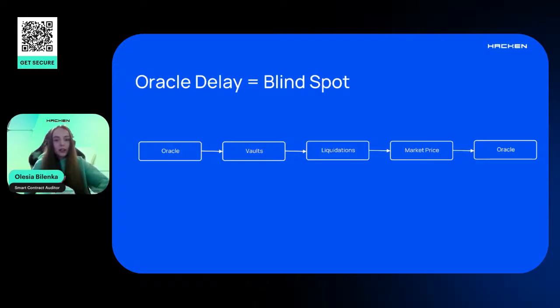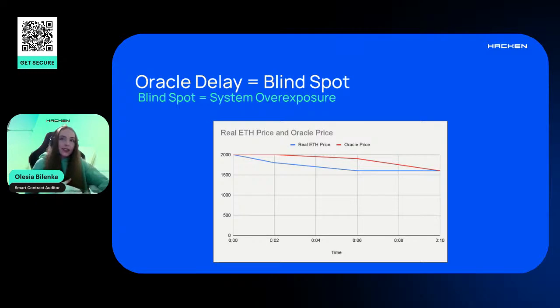When market prices move faster than oracle prices, the system becomes overexposed because liquidations, vaults, reserves, they all rely on incorrect data. And this amplifies risks across the protocol and may lead to huge losses.